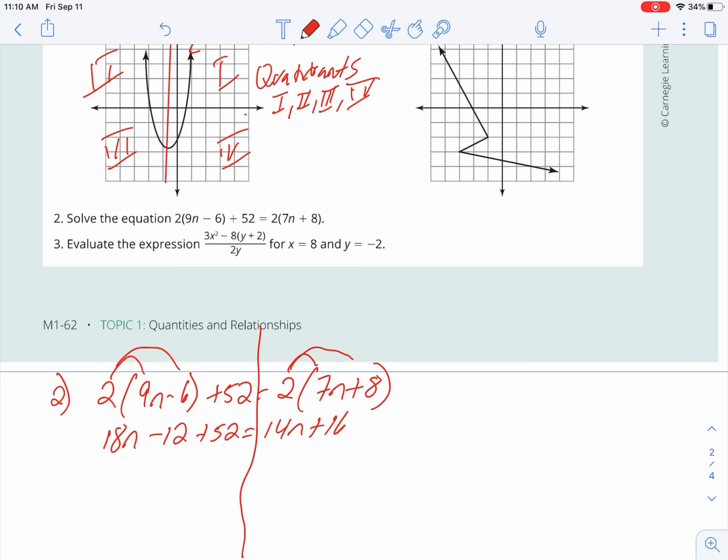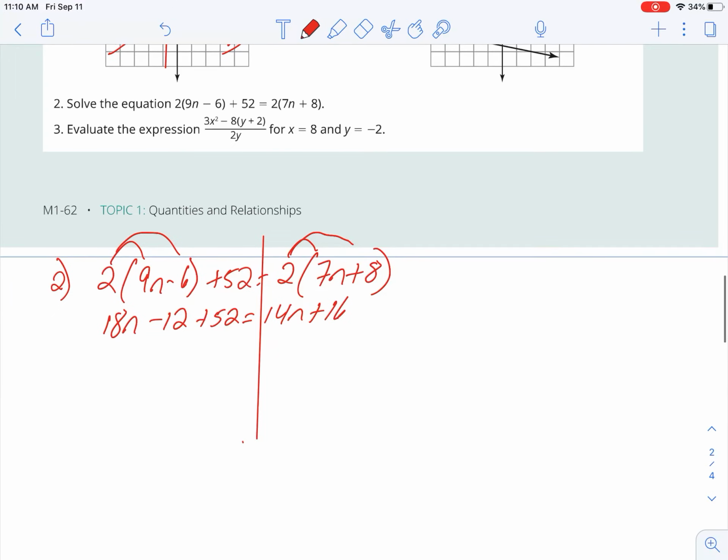And what might be helpful for some of you guys, especially if you're struggling with equations, sometimes when I'm teaching it, I put a line down the middle to separate the left from the right so that we can keep things balanced. And negative 12 and 52 are like terms. So I can bring those together. Watch your signs. Negative 12 plus 52 is 40.